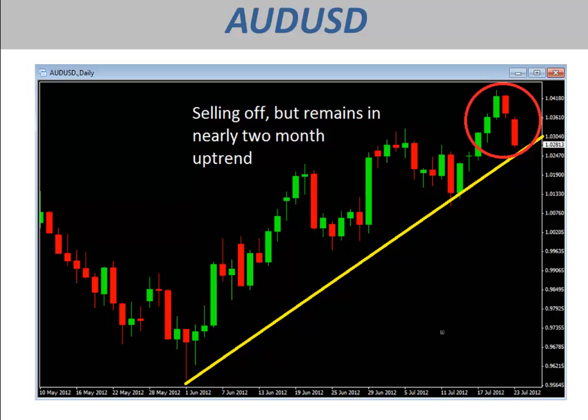So the Australian dollar could be one of the big movers. If the Apple numbers are really strong and the Boeing numbers are really strong, and we have a risk rally, then since it's been in an uptrend, the Australian dollar could be one of the big beneficiaries and continue to move higher. So in a risk rally in stocks, the place to be would probably be the Australian dollar.